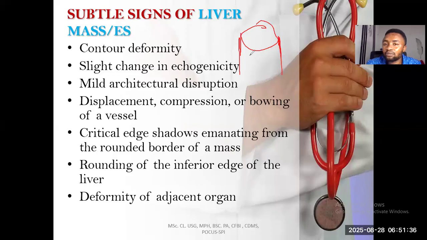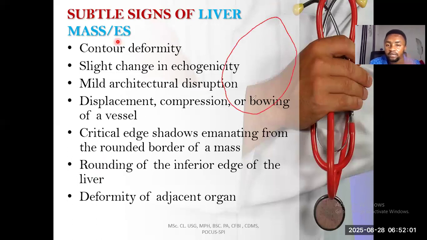So when you see that, know that there is a mass casting those shadows. Then there will be rounding of the inferior edge of the liver, and deformity of adjacent organs. Rounding of the inferior edge of the liver happens when the mass is very huge.